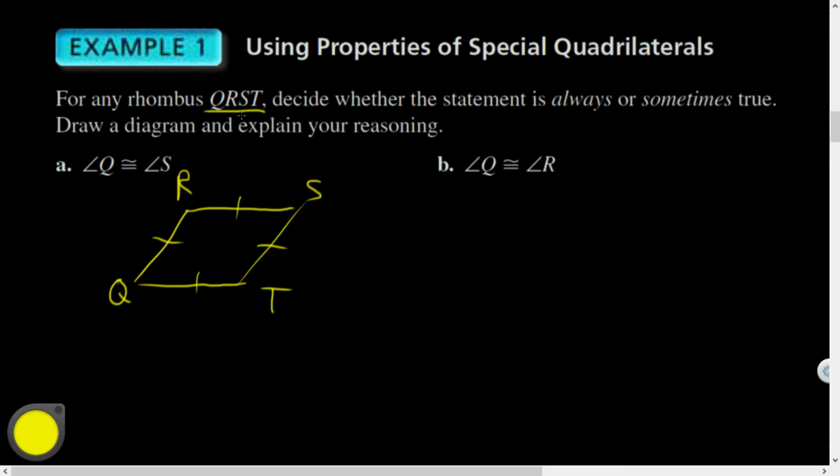Now, the order of this name matters. I have to name it in sequence. So always, because if it's a rhombus, then it's a parallelogram. If it's a parallelogram, the parallelogram opposite angles theorem is why that's true. How about is Q congruent to R?